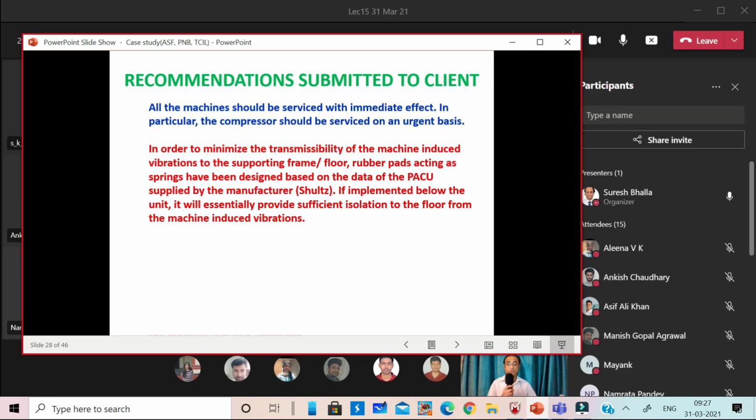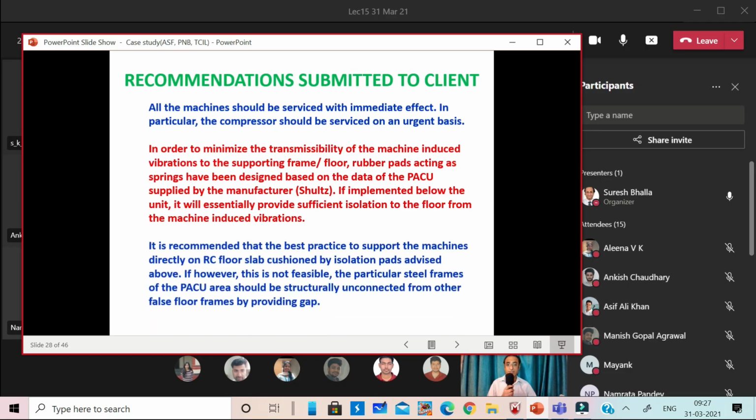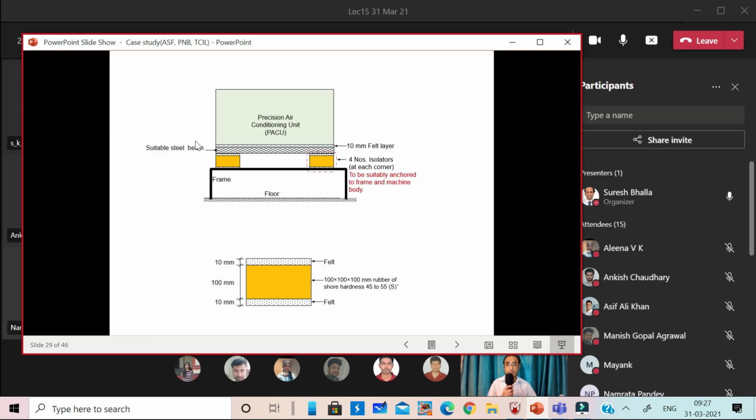And then we also designed the rubber paddings for bringing in the spring action, and we recommended that the machines should be supported on isolation pads, and we designed similar kinds of paddings for their machines like this, so that the machines are rested on these paddings rather than directly on the frame.